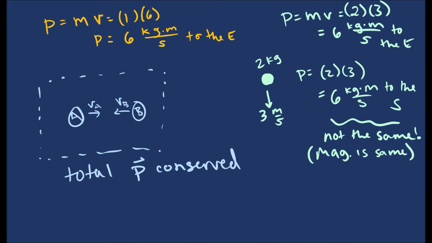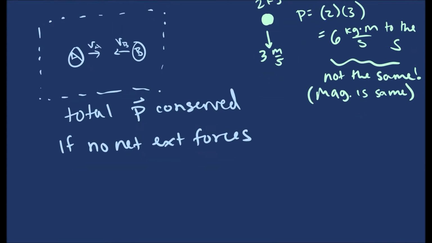If we have no net external forces acting on the system, then the total initial momentum, P total initial, is going to equal our final total momentum, P total F.